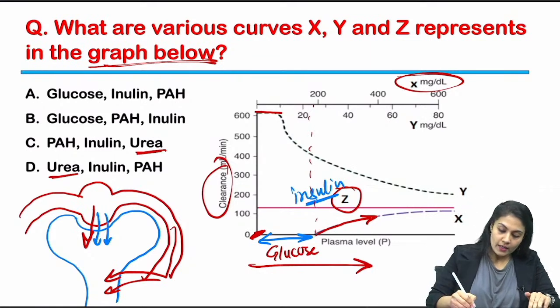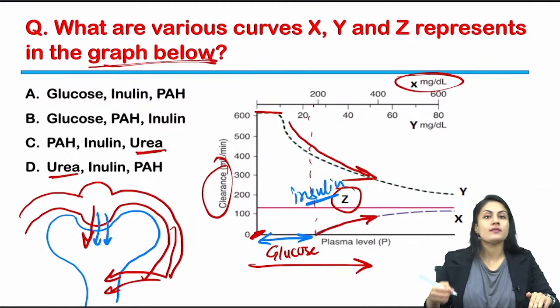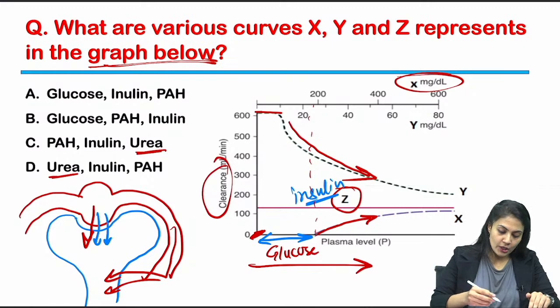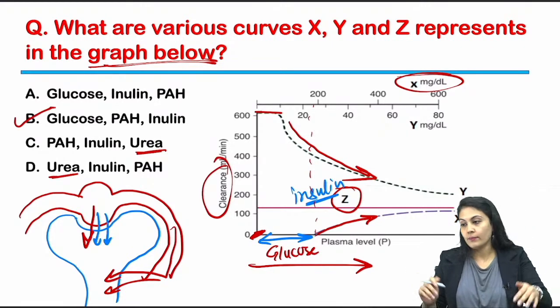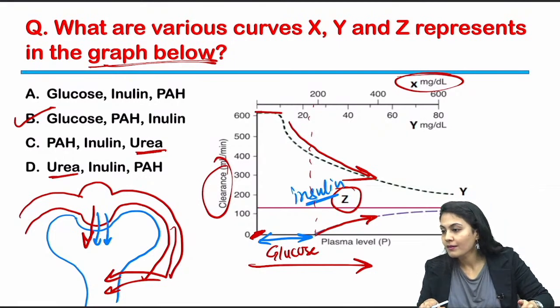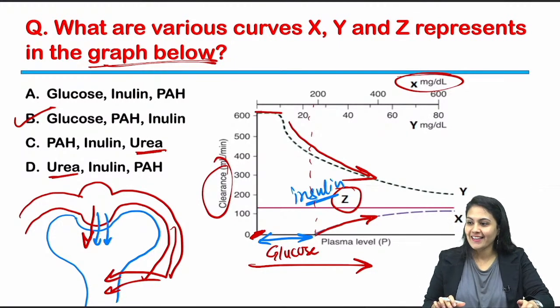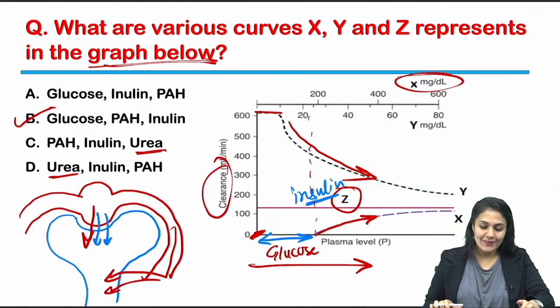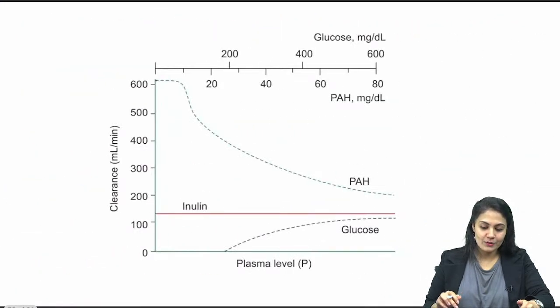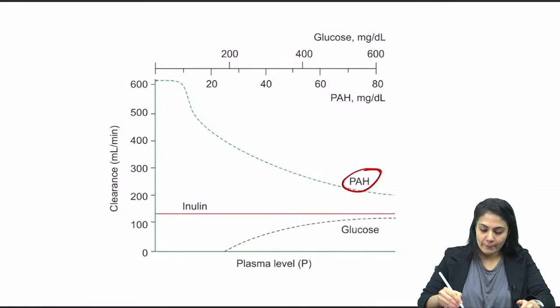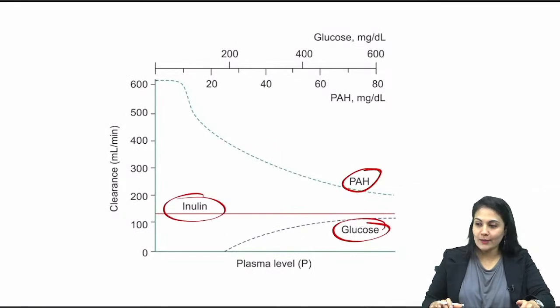And that's why the clearance is going to decrease, right? So this is going to be PAH. So X is glucose, Y is PAH, and Z is inulin, right? Sorry, I can't help it. Okay, I'll try not to do that. Okay, PAH, glucose, and inulin.